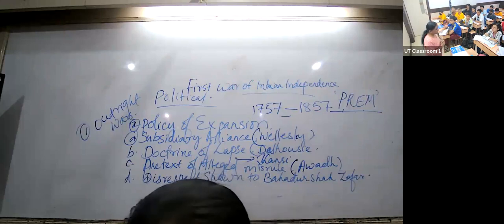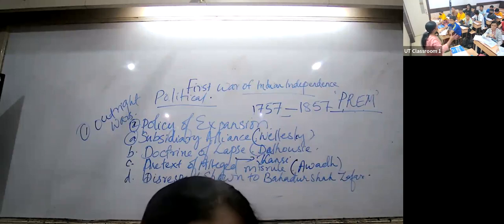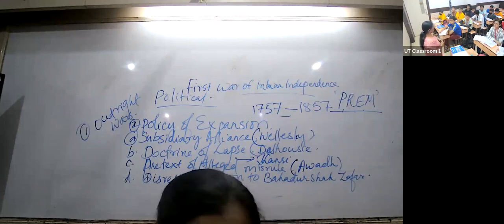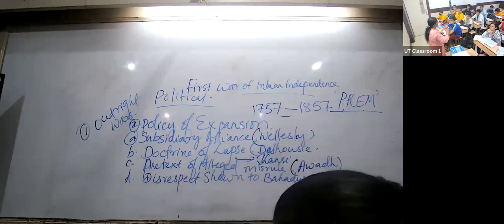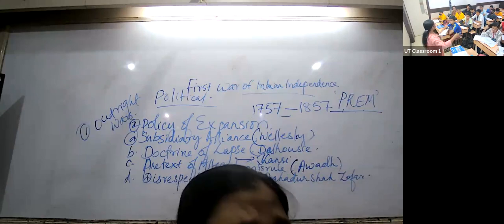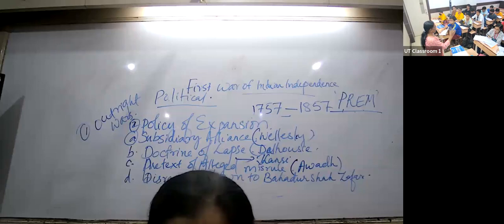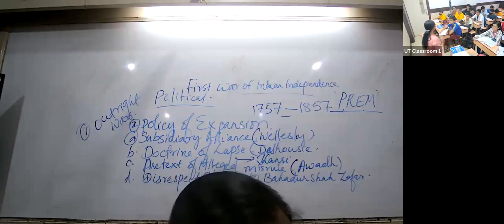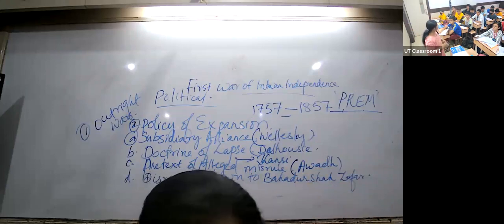That was a disrespect. For a long time, the Mughal headquarters was told to move. Afterwards, they even refused to give the pension, even to the wife. So that was another reason.